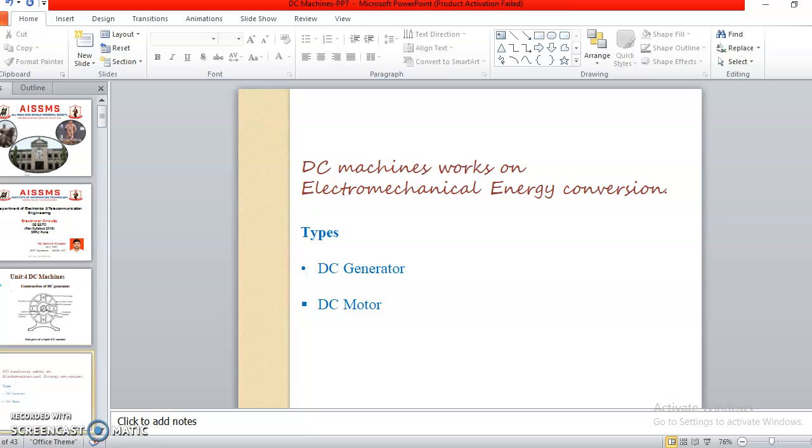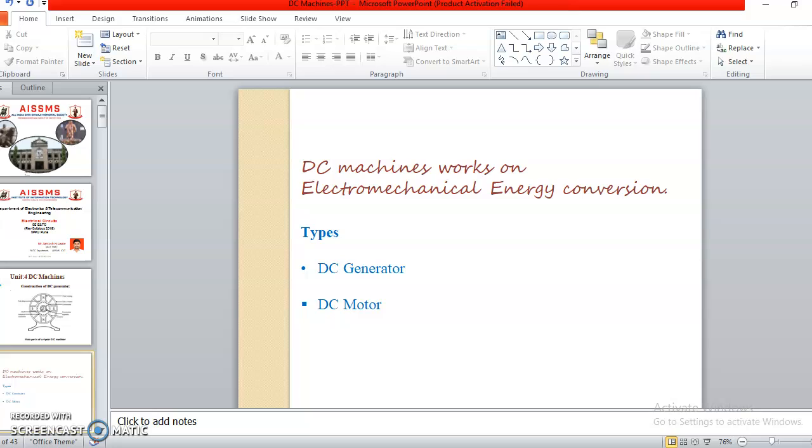Vice versa, an electrical machine which converts electrical energy into mechanical energy is called a DC motor. So in short, for a DC generator, input is mechanical energy and output is electrical energy. Similarly, for a DC motor, input is electrical energy and output is mechanical energy.